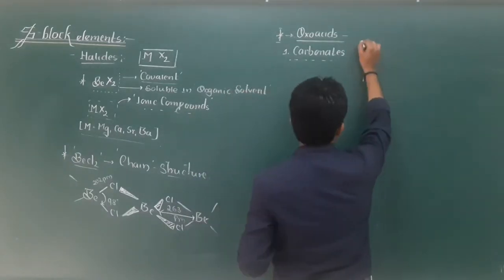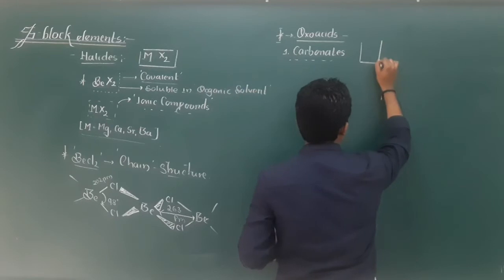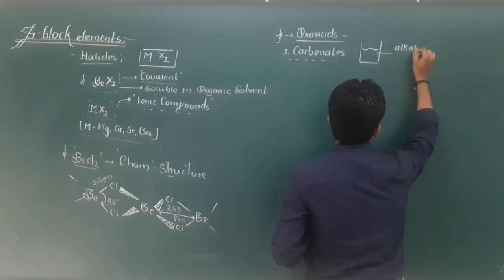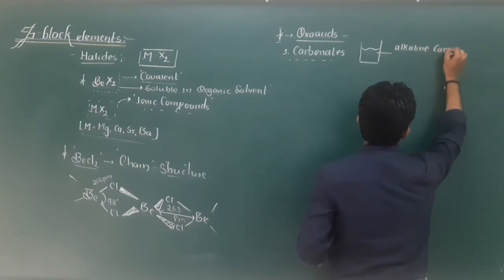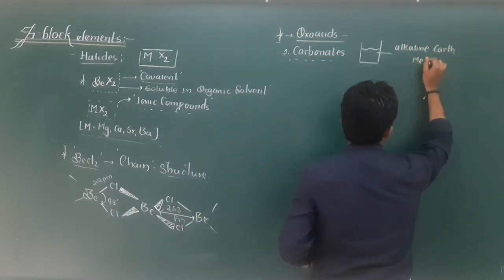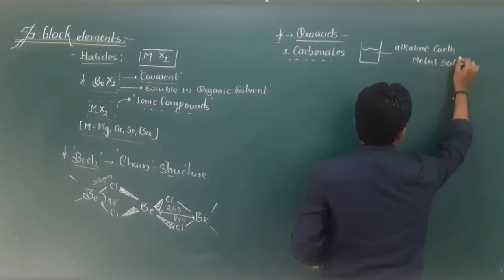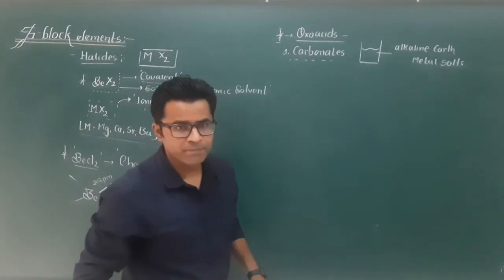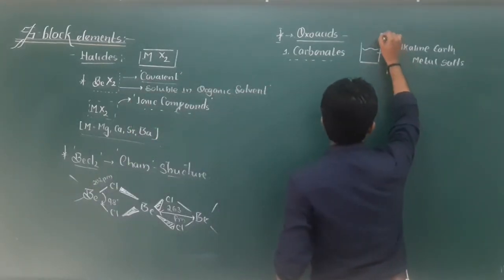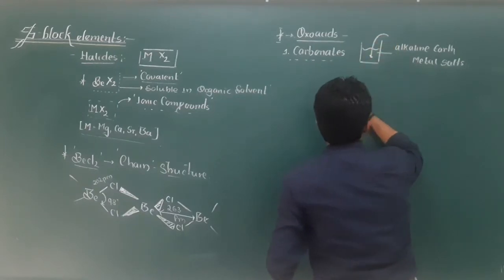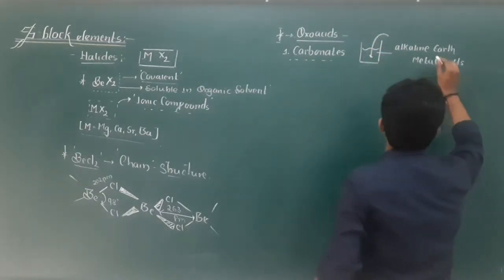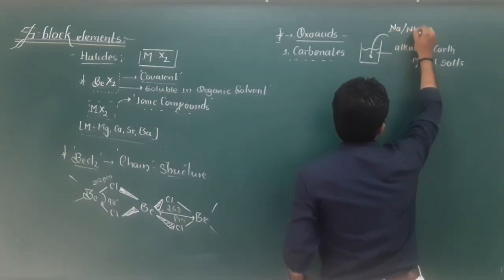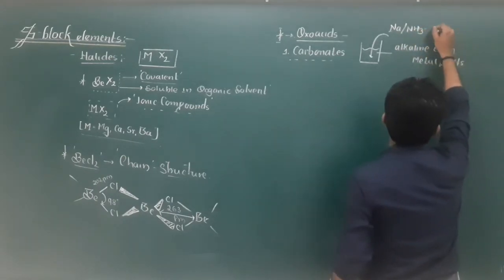We prepare these carbonates by taking a solution of alkaline earth metal salts, such as the chlorides or sulfides or whatever it is, and we react the solution with sodium or ammonium carbonate.